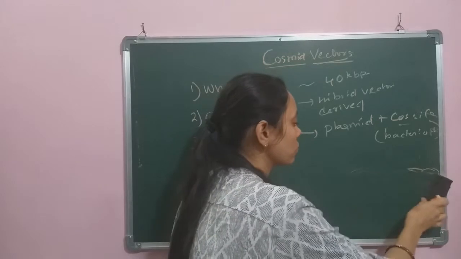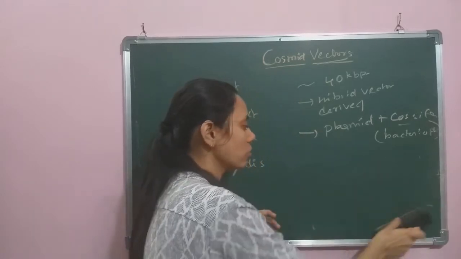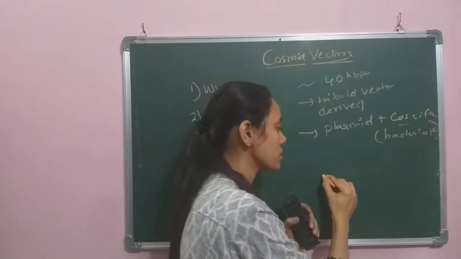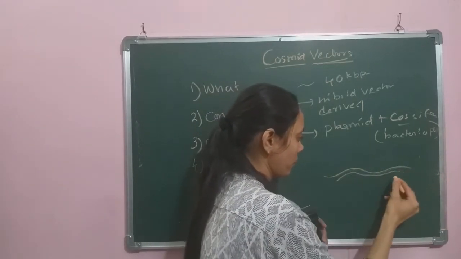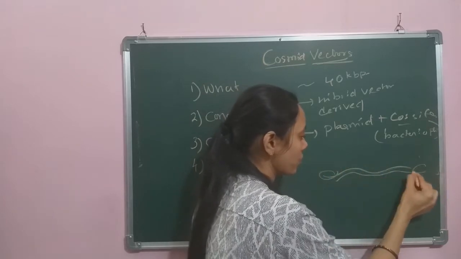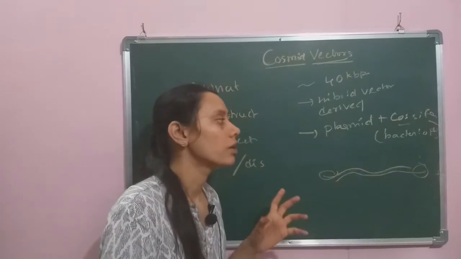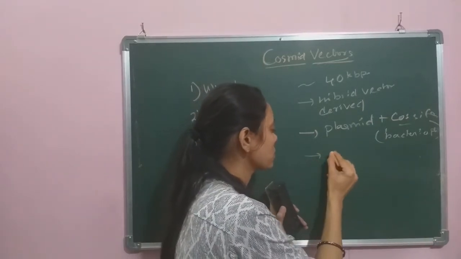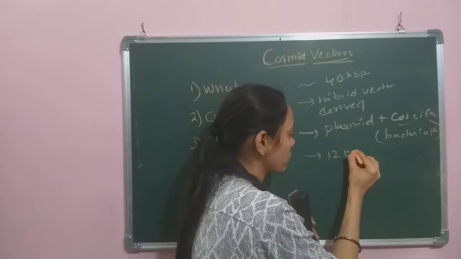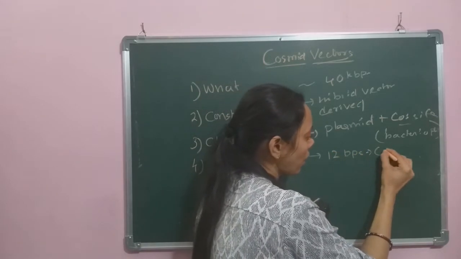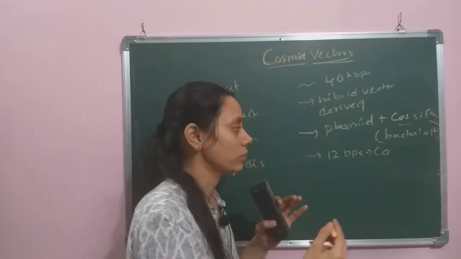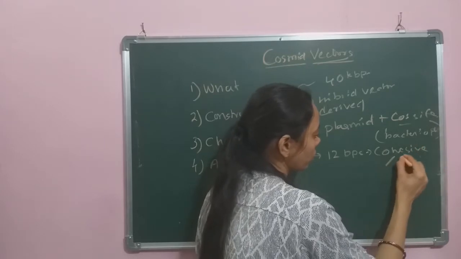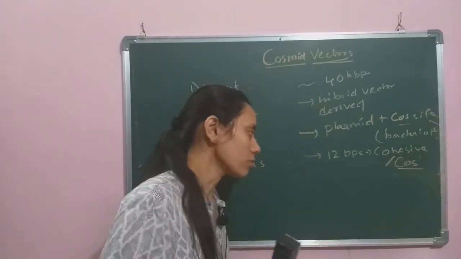So due to the presence of cos sites, from the bacteriophage DNA we will be taking only these cos sites, the small single stranded overhangs. The length of cos sites is only 12 base pairs. They have complementary sequences to each other, hence they are called cohesive sites, or cos sites for short.